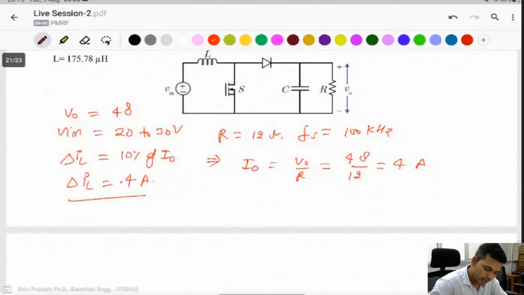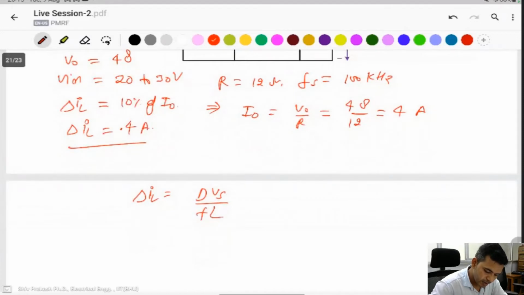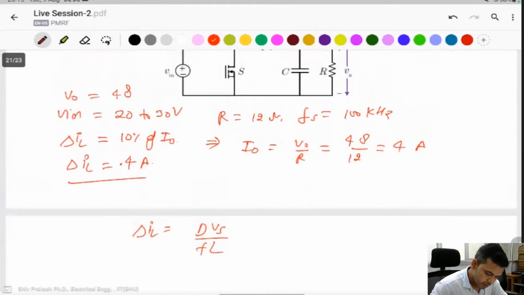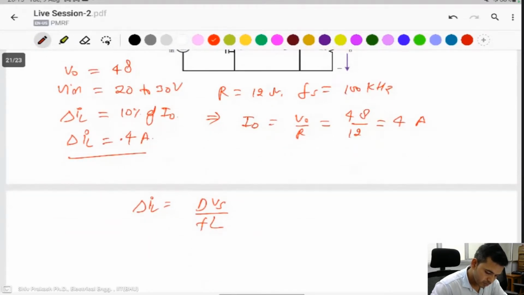You can find delta IL for the boost converter, D Vs upon L. And D minimum, for the boost converter you know V naught is equal to Vs divided by 1 minus D, and find D into 1 minus D V.